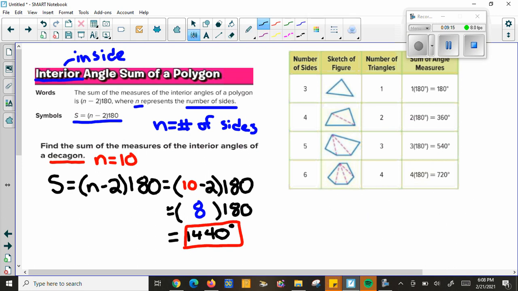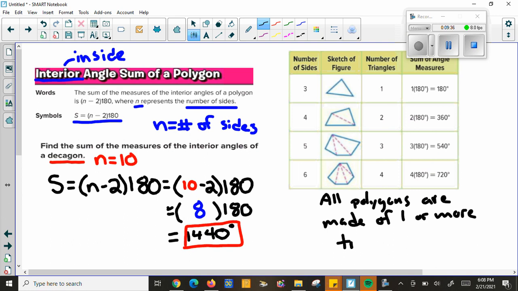So all polygons are made of 1 or more triangles. And that is where we piece together the equation.